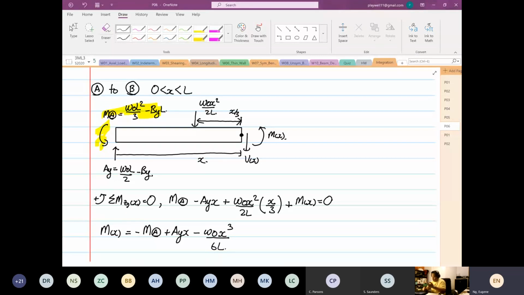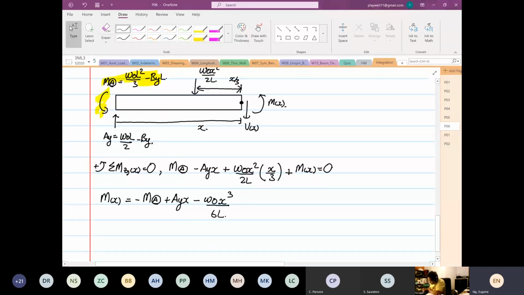Okay, so now you substitute your MA. So this will be equal to minus omega naught L squared over 3, minus is plus By ByL, and then plus By omega naught L over 2 x, minus By ByX, then you minus By omega naught x cubed over 6L.